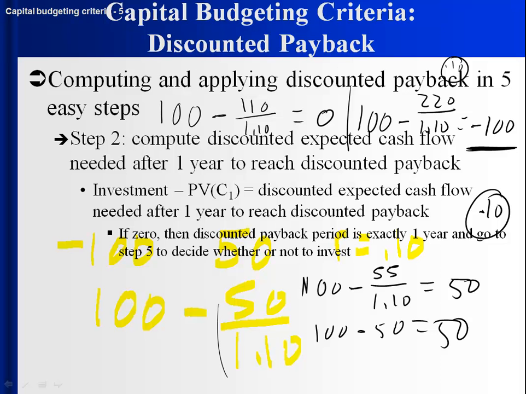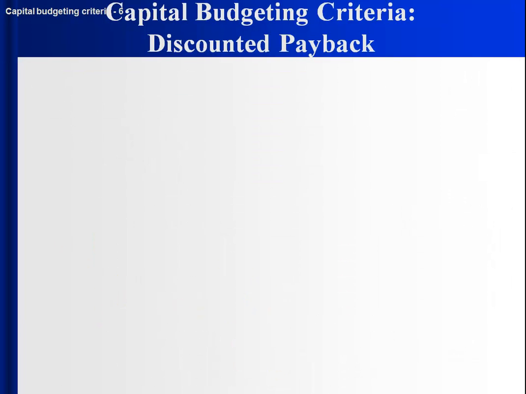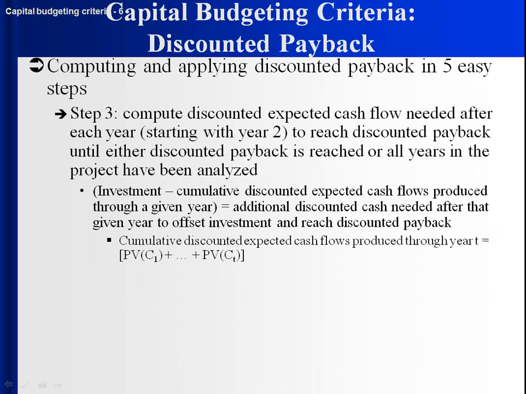So what do you do? You can't see it, but that's what we just laid out. You continue to do that. So you say, okay, after 2 years, if discounted payback turns out to be exactly 2 years, you can make your decision.